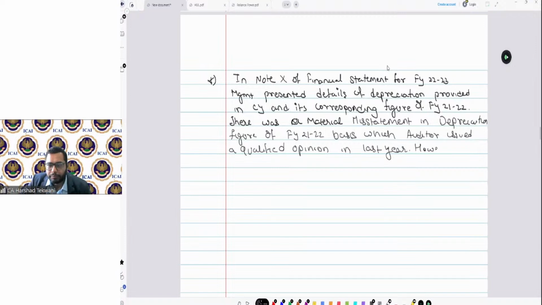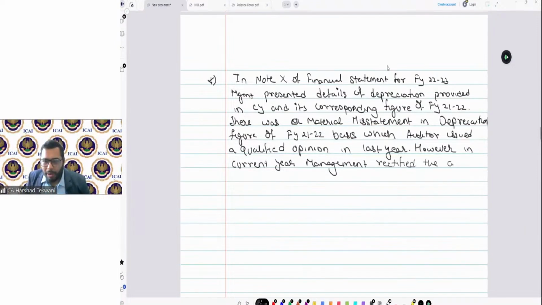However, in current year, management rectified the amount of depreciation before disclosing the same as corresponding figure.